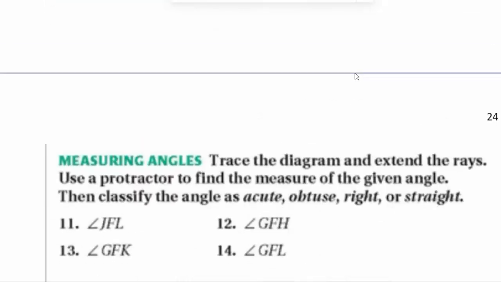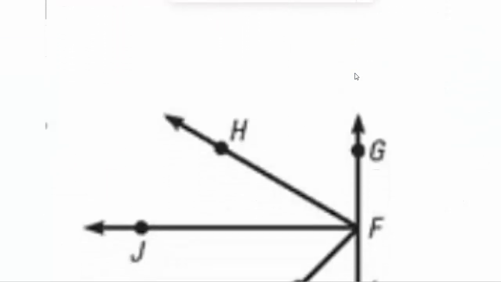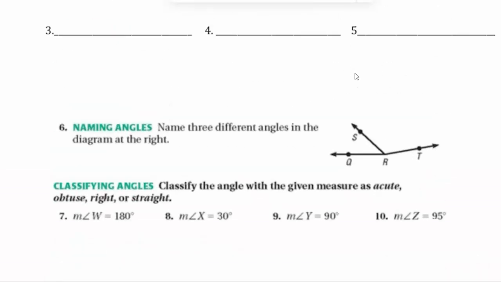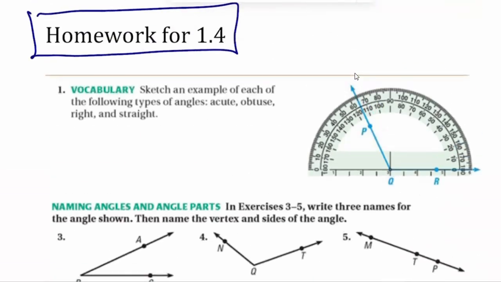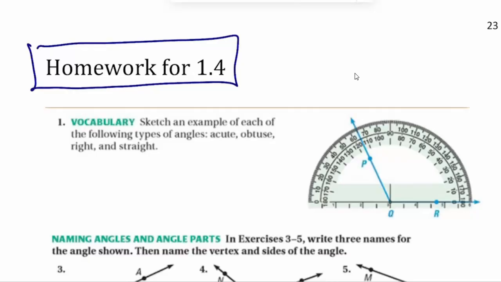Now, I'm going to have to send you home with a protractor because I want you to measure these angles. And I need you to take your protractor that I'm going to give you in class, take it home with you, and then bring it back with you. Okay, so I need them all back. But you're going to need a protractor for this assignment.